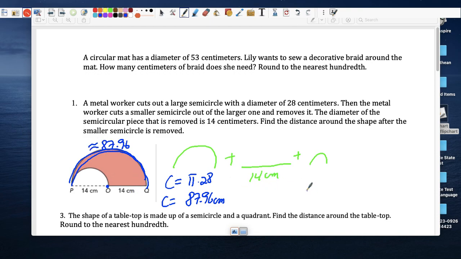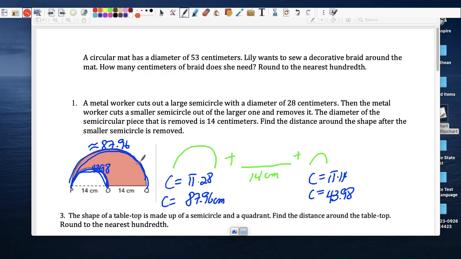Now I want this half circumference of the small circle. The diameter is 14, so it's pi times 14. C equals 14 times pi, approximately 43.98. And this stretch here is 43.98.